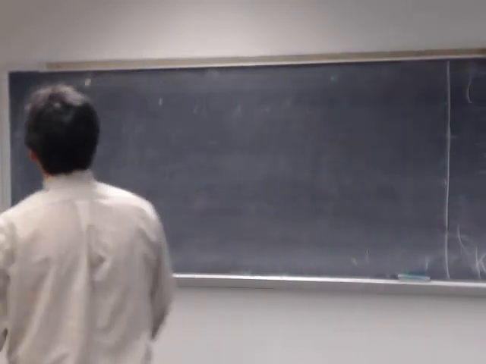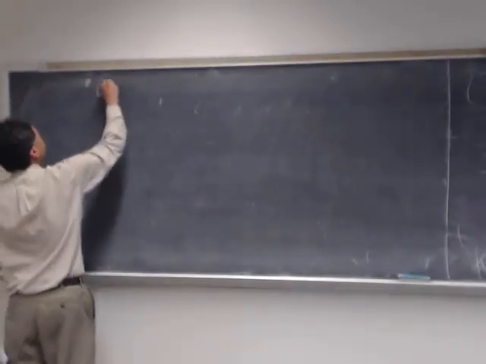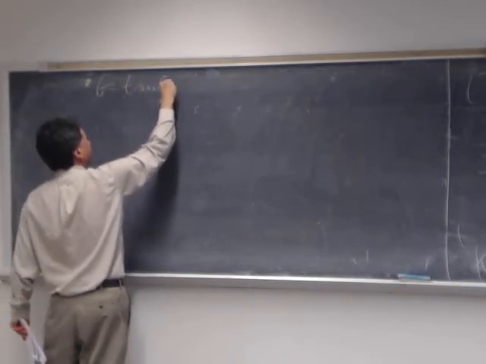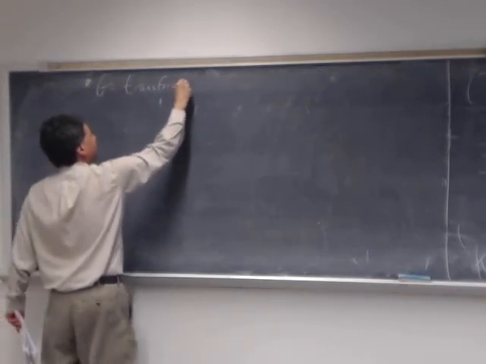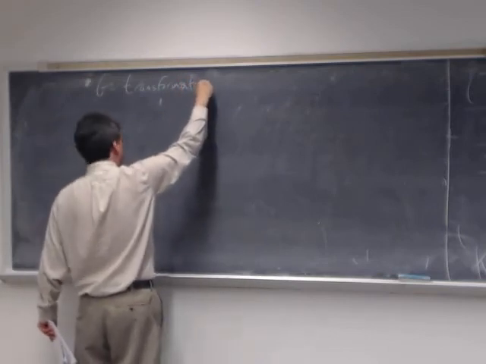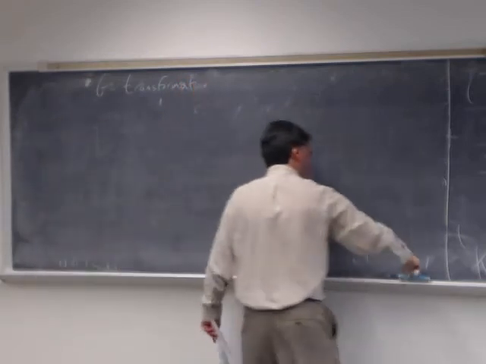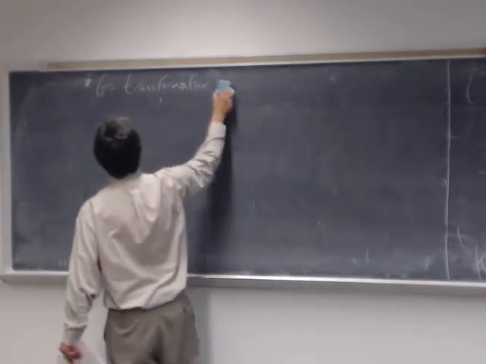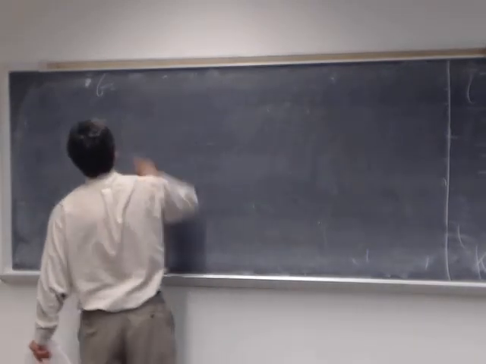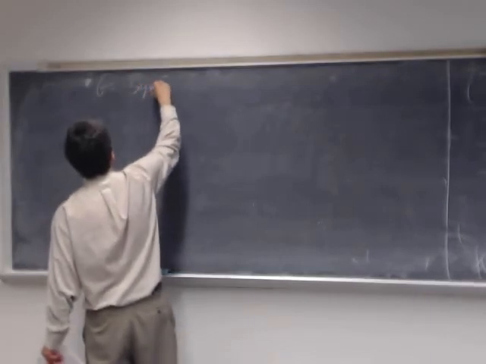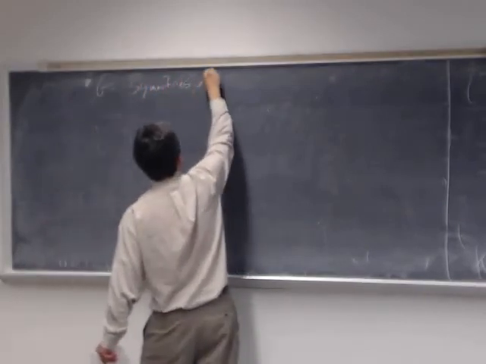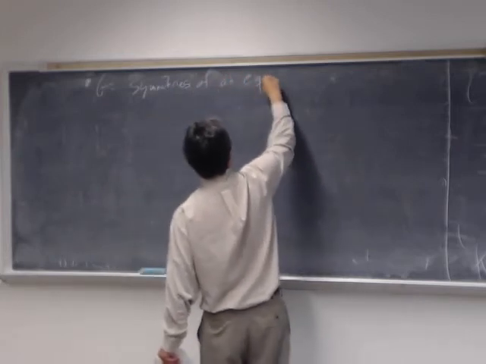So the group we want to look at is the group G. So that's maybe transformations, or really symmetries of an equilateral triangle.